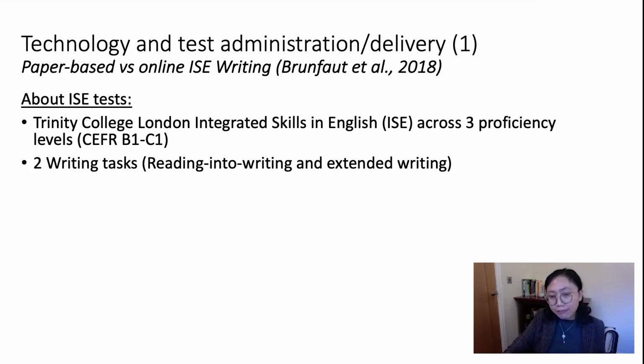They don't have the online version or the computer-based version at the moment. And that's what the researchers actually investigated. So they investigated whether, if the online version were offered, this delivery mode would potentially affect test takers' performance.